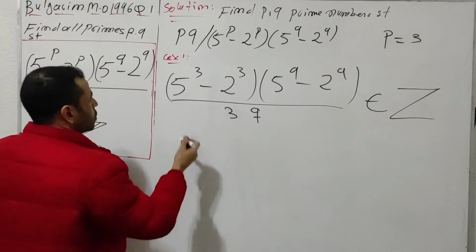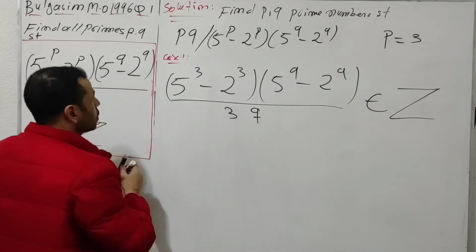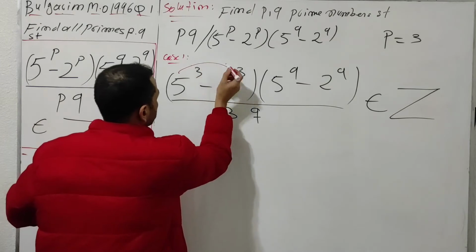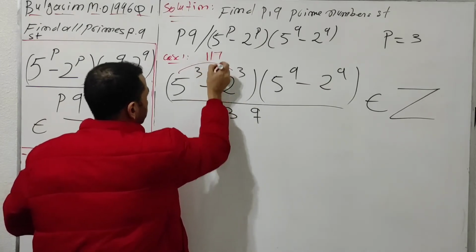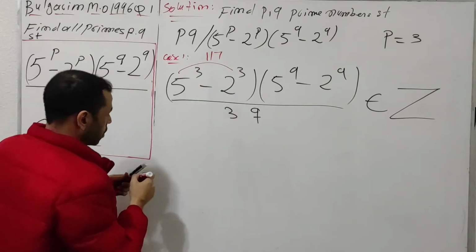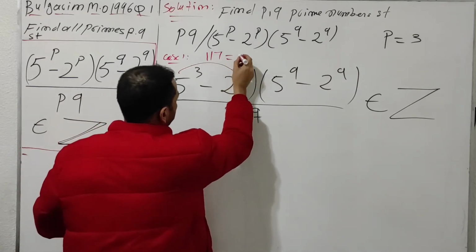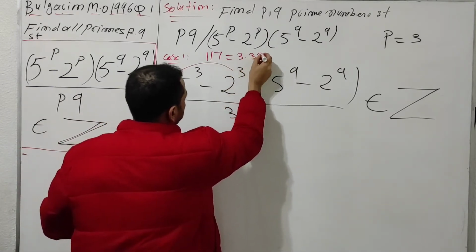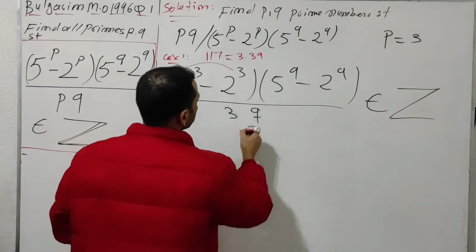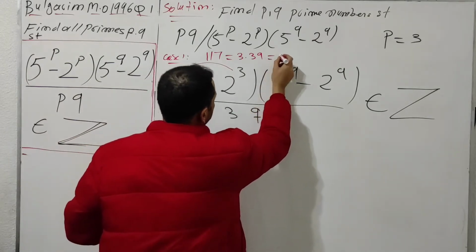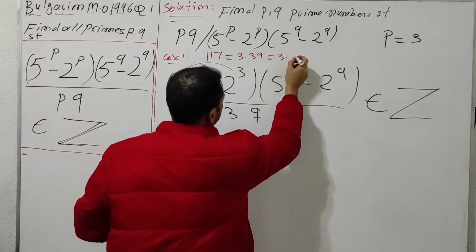Now I calculate 5^3 - 2^3, which gives 117. 117 is 3 multiplied by 39, and 39 is 13 multiplied by 3.